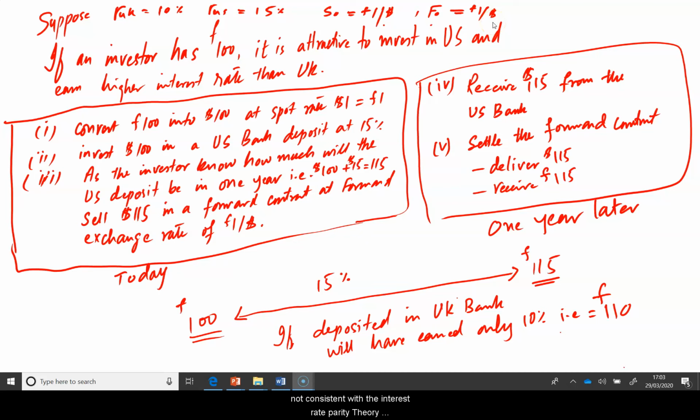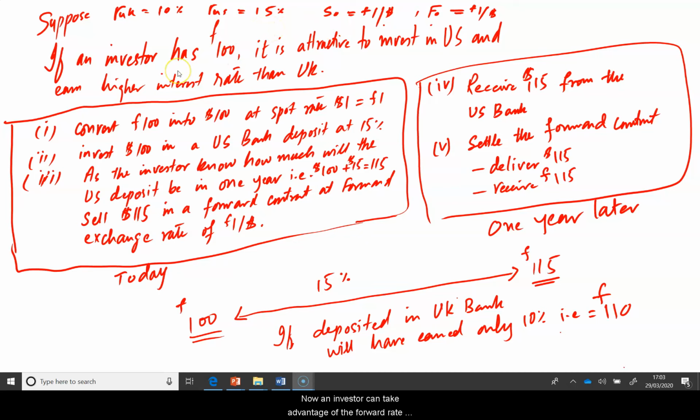Now this is not consistent with interest rate parity theory, because the interest rate in the US is higher than the interest rate in the UK. So ideally the forward rate should show a depreciation of the US currency.